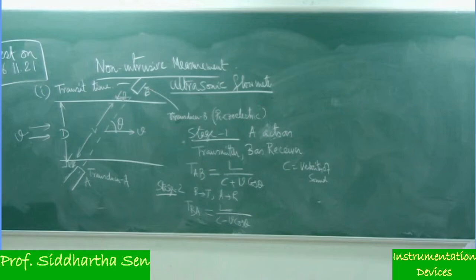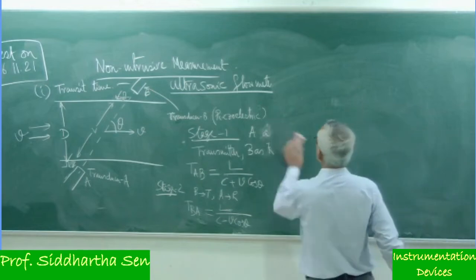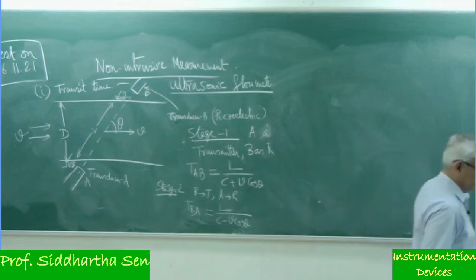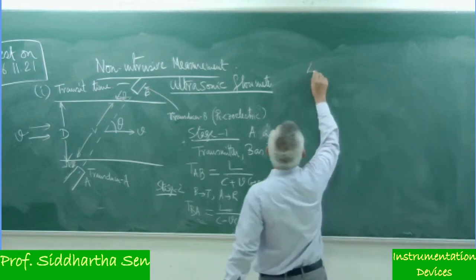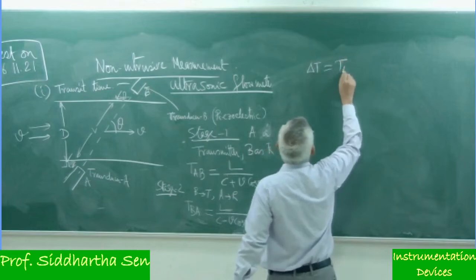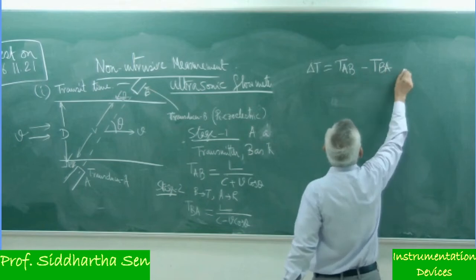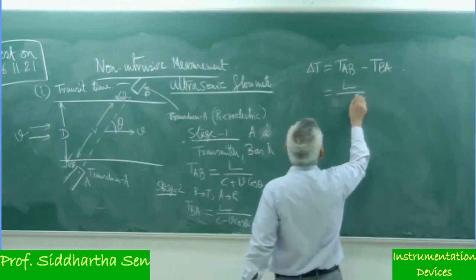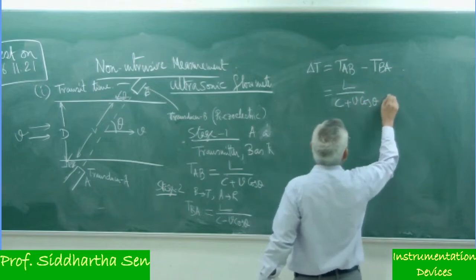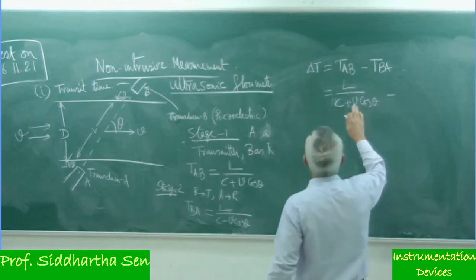So what we can say is that delta T is equal to T_AB minus T_BA, or rather I will say T_BA minus T_AB, because this is taking more time. So it is L divided by (c minus v cos theta) minus L divided by (c plus v cos theta).